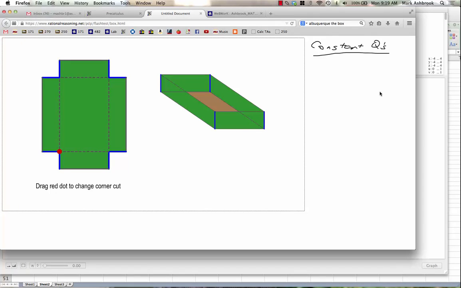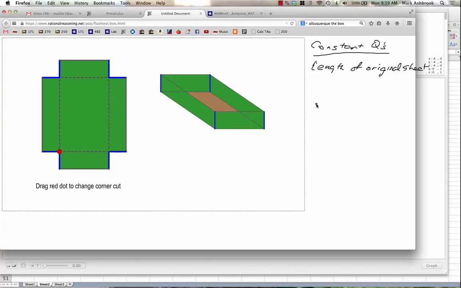Okay, what is a constant quantity in this situation? Okay, so the length of the original sheet. What's another constant quantity?